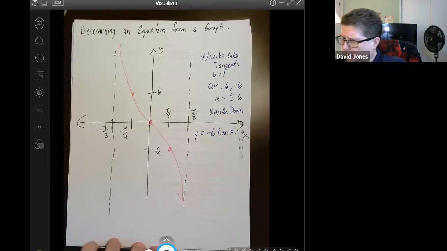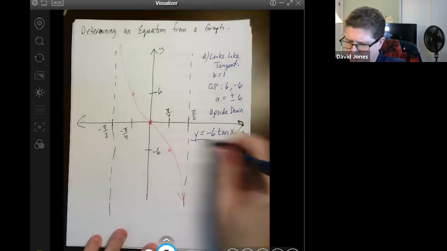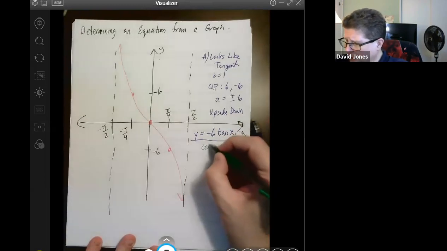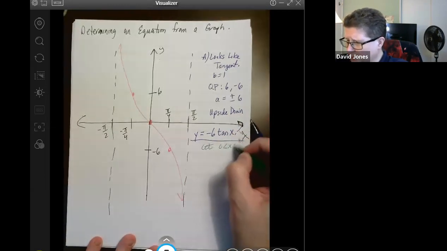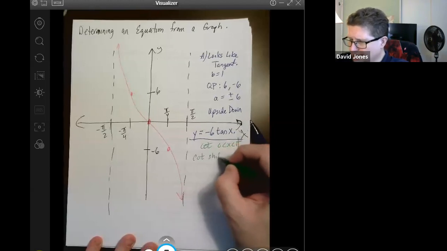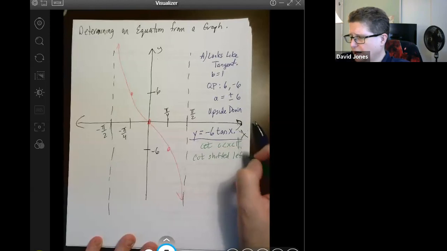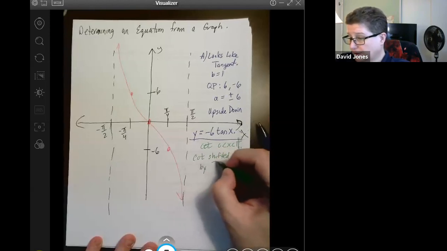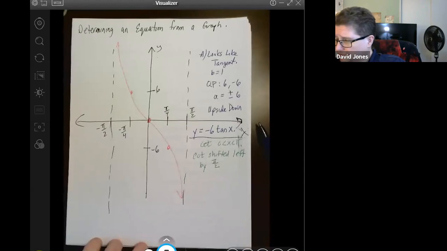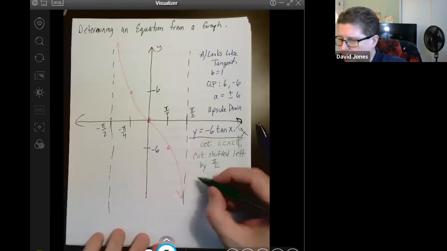Your other option: cotangent is 0 less than x less than pi. So this could be cotangent shifted left by pi over 2, or right by pi over 2, because it repeats. If we do it this way, now the graph is not upside down.